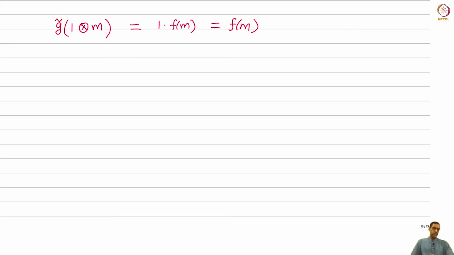Okay, good. So G tilde is really the map that we want, because G tilde, when it acts on 1 tensor M, gives me F of M.